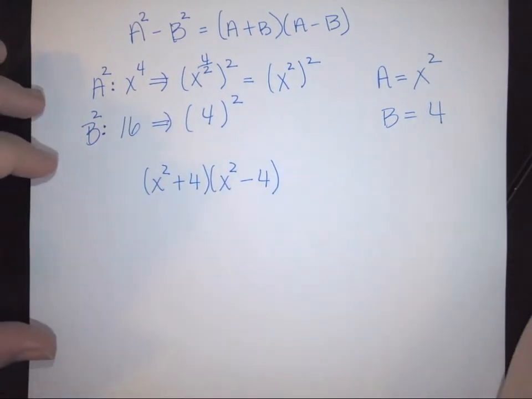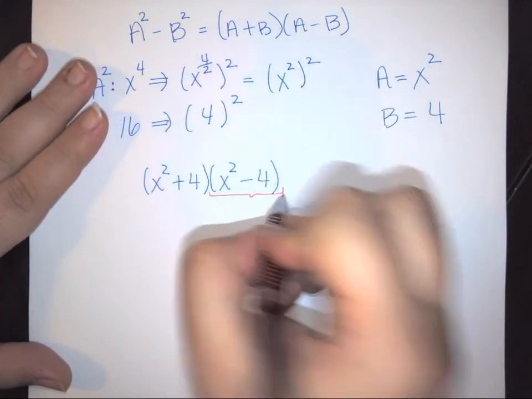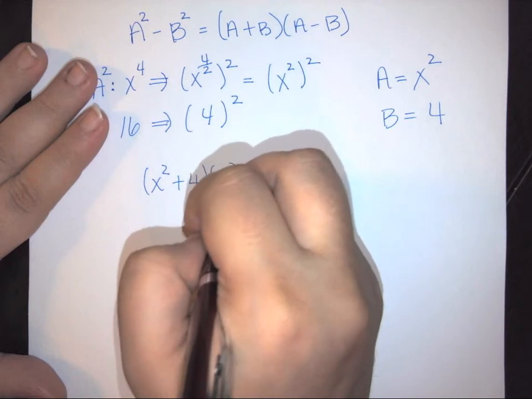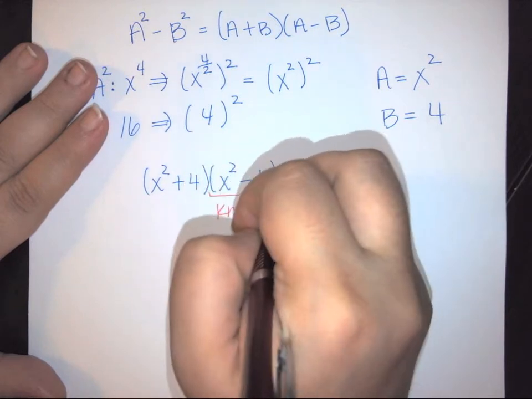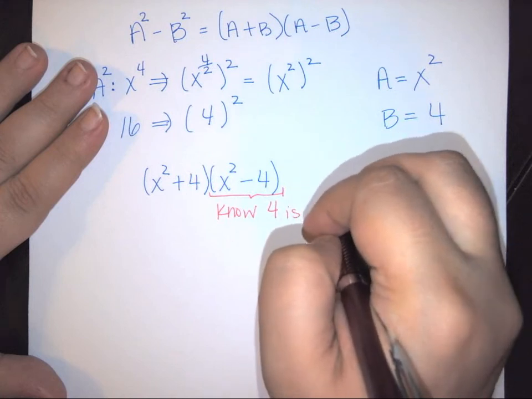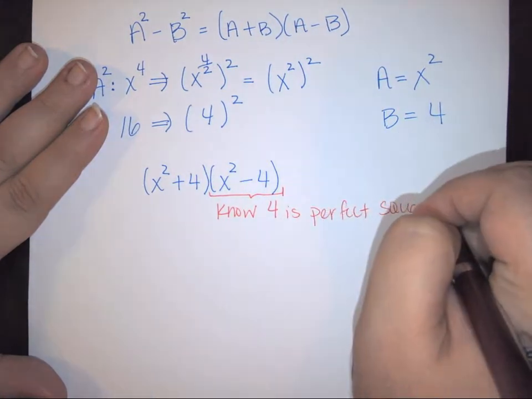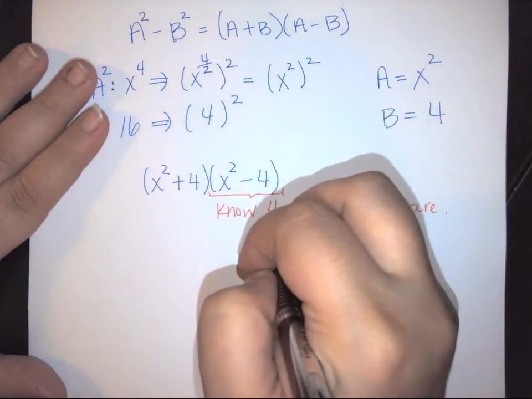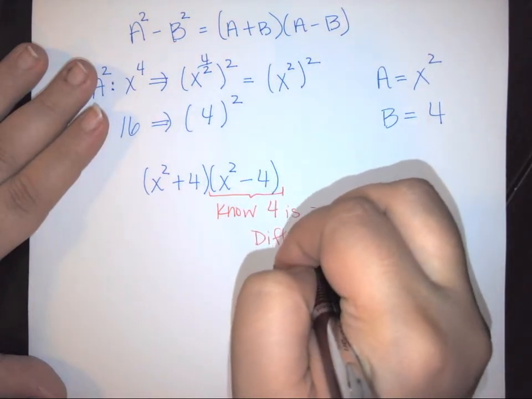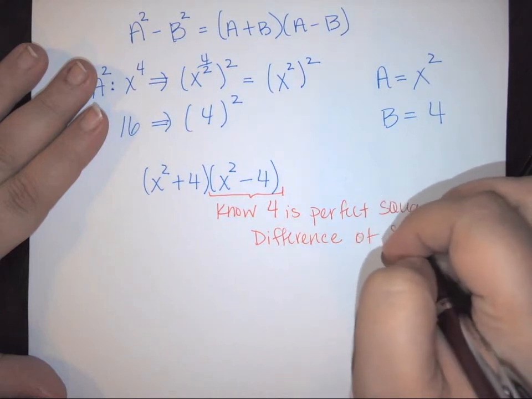And the reason for that is because if you take a look at the second one right here, what do we know? Well, we know that 4 is a perfect square, which means we have a second difference of squares to work with.